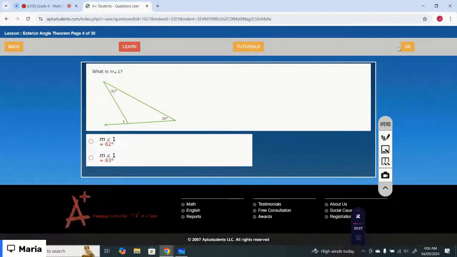What is the measurement of angle 1? Which is the correct option? That is 31. You need to add the opposite two interior angles, right?